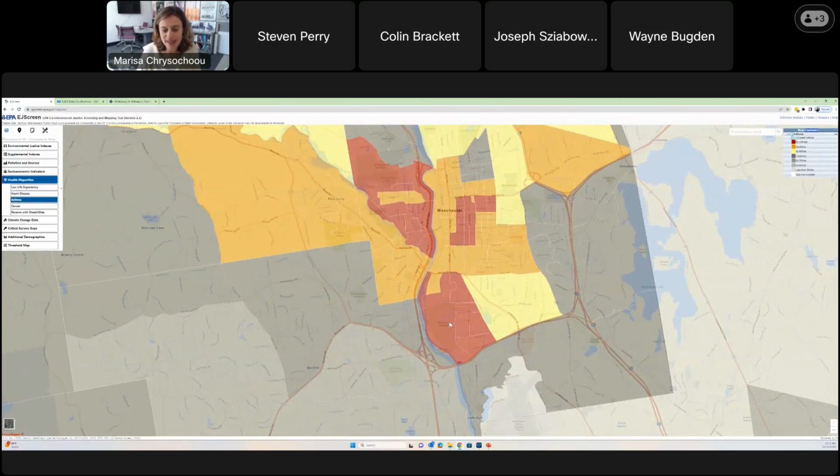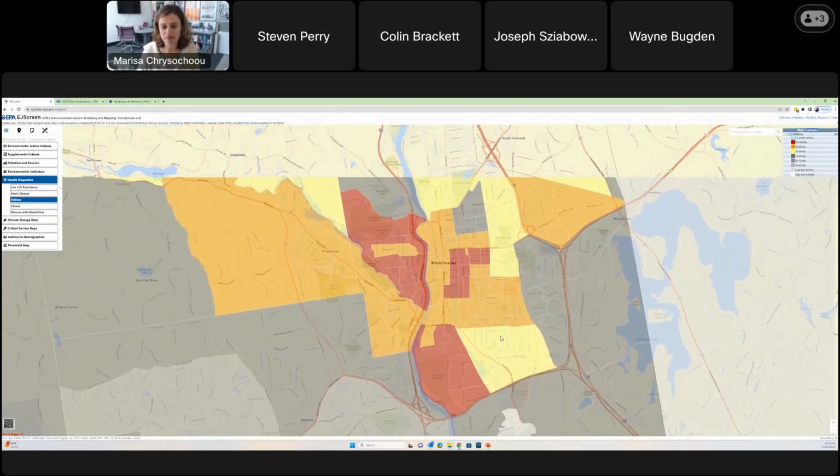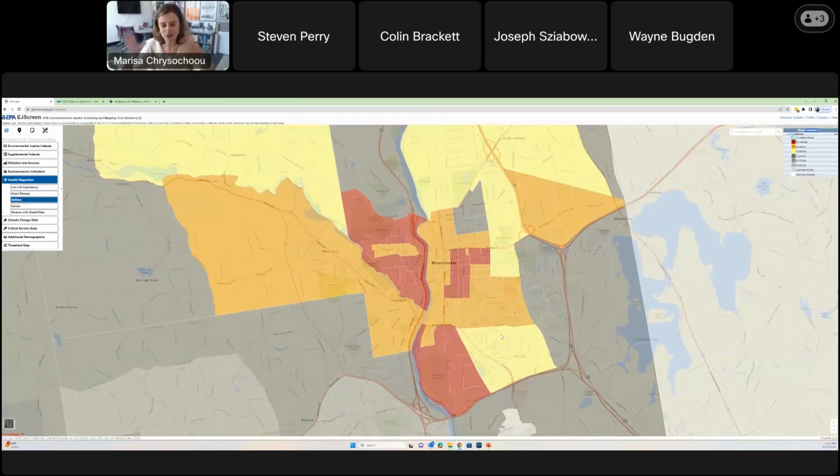So if I click on a particular block group, it will tell me that this particular block group is at the 96th percentile nationally. And I can generate a report for that. These maps are helpful when you look at the data visually so that you can tell where the different hotspots are for asthma.